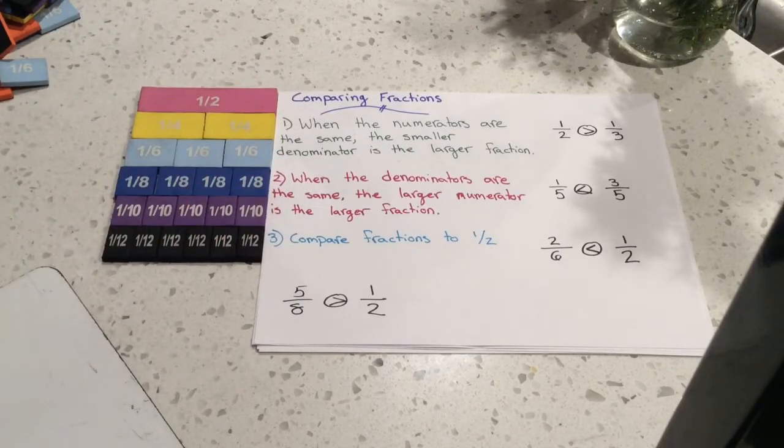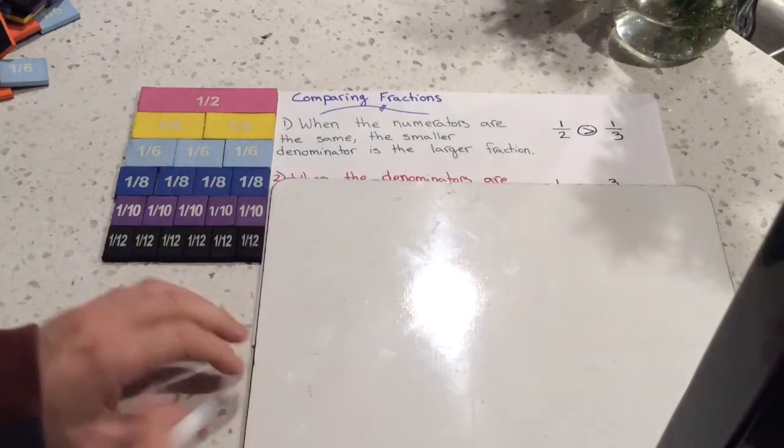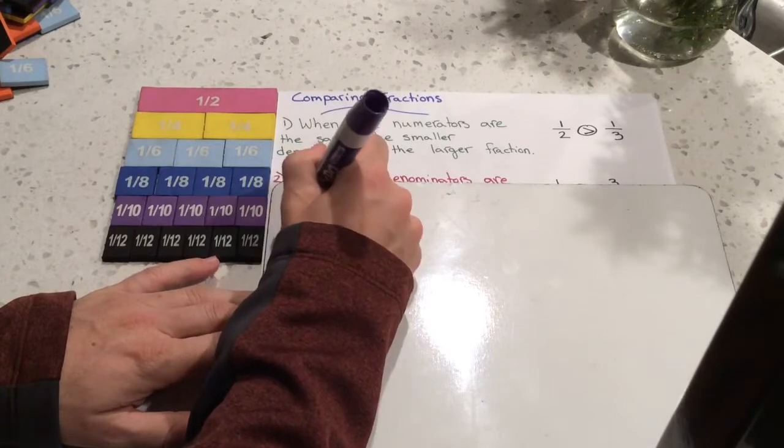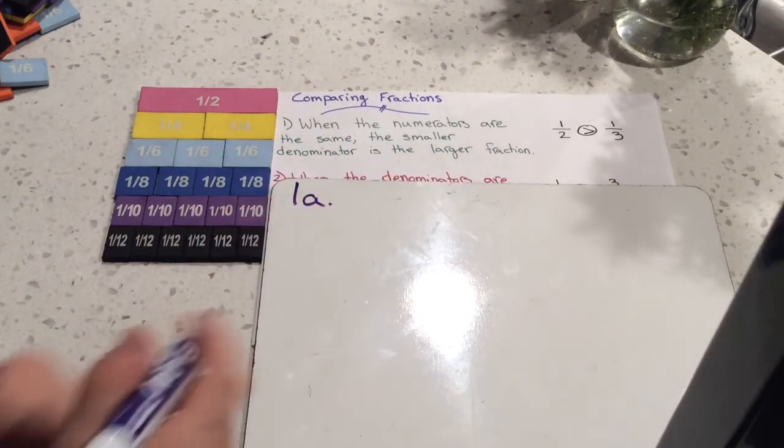So if I'm looking at the first assignment on the lesson plan, it is called practice number 1. Practice number 1, the very first question has you comparing the fraction. So this is on the practice page. It's question 1A.